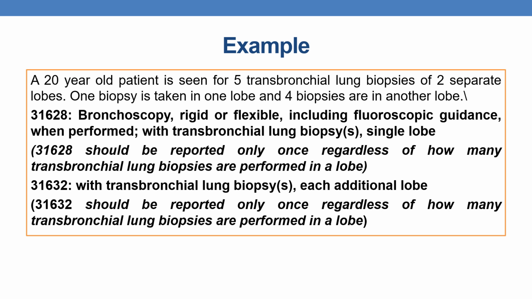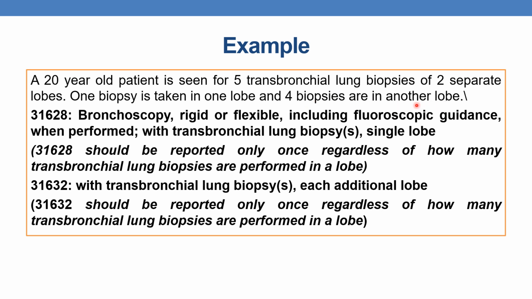And one important point is 31628 should be reported only once regardless of how many transbronchial lung biopsies are performed in the lobe. And second is 31632. It is an add-on code and must be used for each additional lobe. Here you can see 1 biopsy is taken in one lobe and 4 biopsies in another lobe.